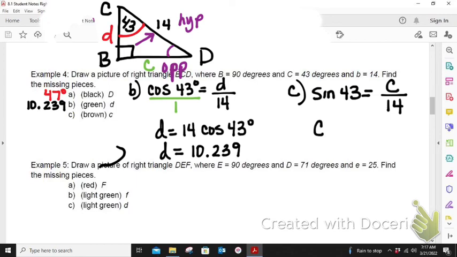So c equals 14 times the sine of 43. Go ahead and type that in your calculators. And you should get 9.548.